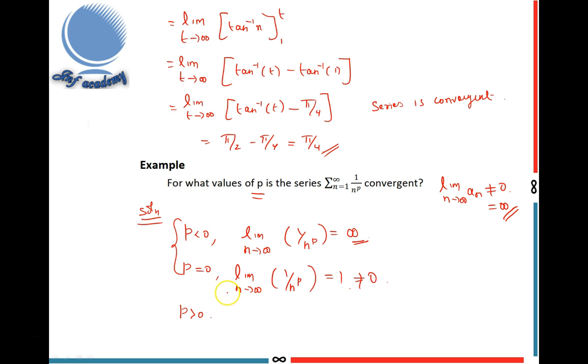Here the function f(x) equals 1 by x power p is obviously continuous, positive, and decreasing on the interval 1 to infinity.